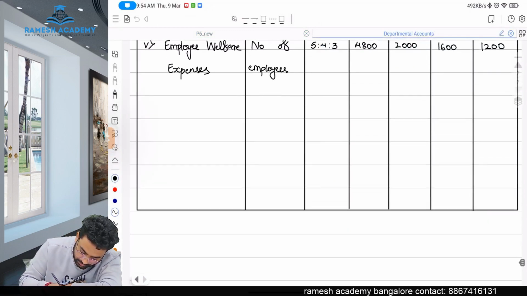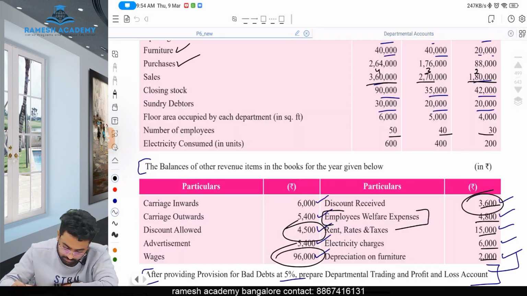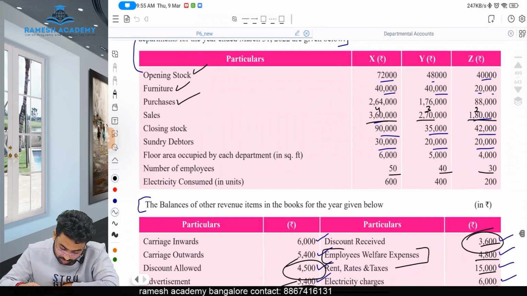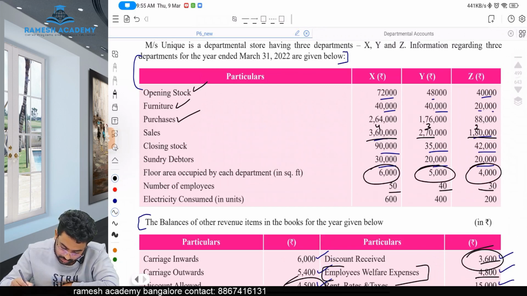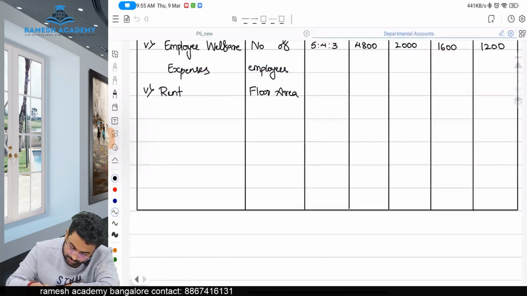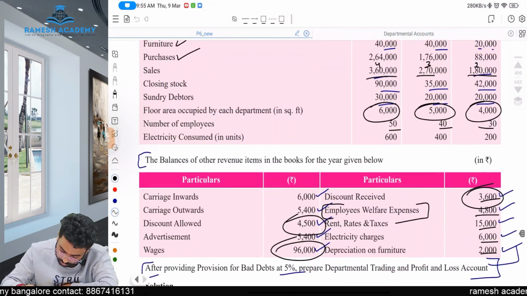Sixth one, rent. Basis is floor area. And how much is the floor area? 6,000, 5,000, 4,000. That is basically 6:5:4. Total is 15. How much is the rent?